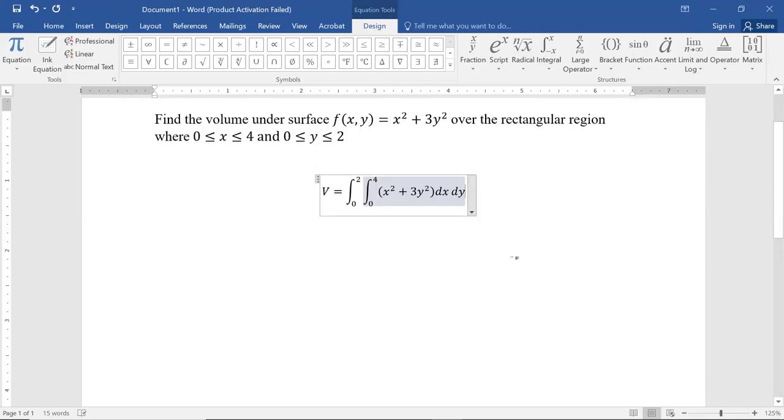Again, be careful about doing this in general. Sometimes people will flip-flop these. Again, x corresponds to bounds from 0 to 4. Y corresponds to bounds from 0 to 2.